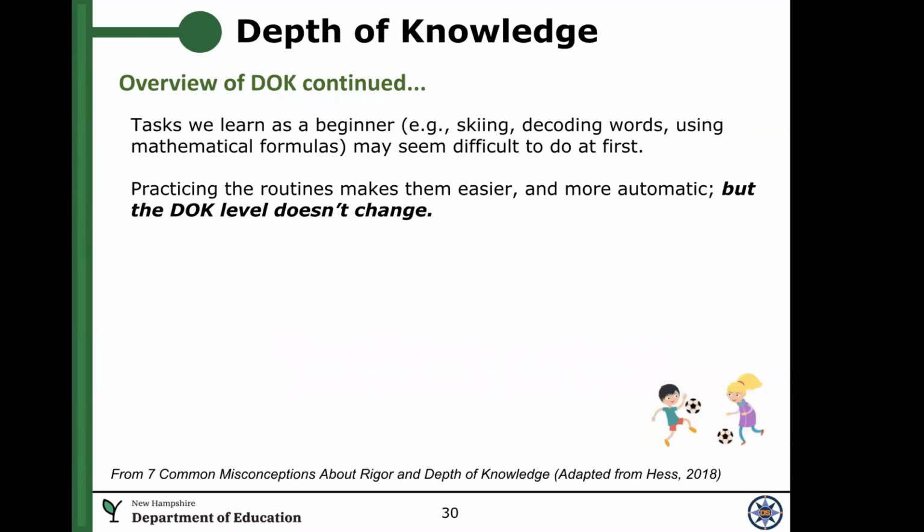Also, when talking about depth of knowledge, tasks we learn as a beginner, things we do at a beginning level, may seem really hard. In the beginning it takes us a long time and we need a lot of practice to be able to do that.